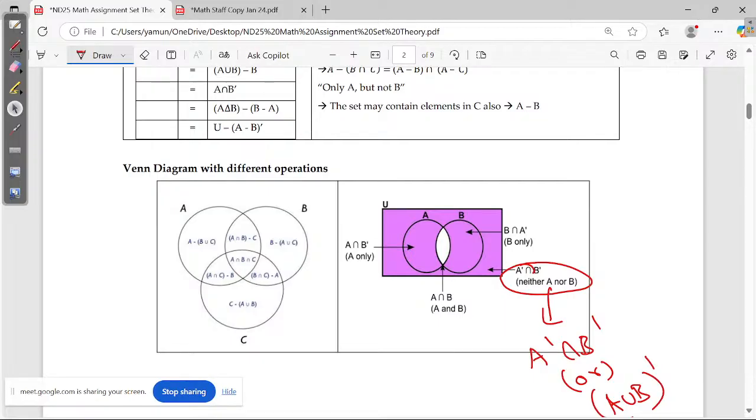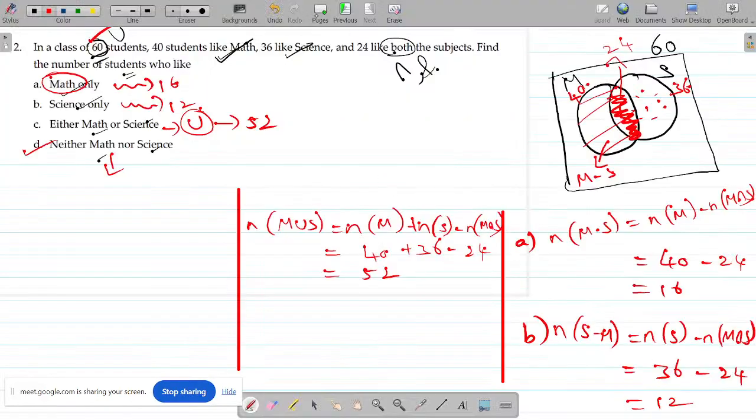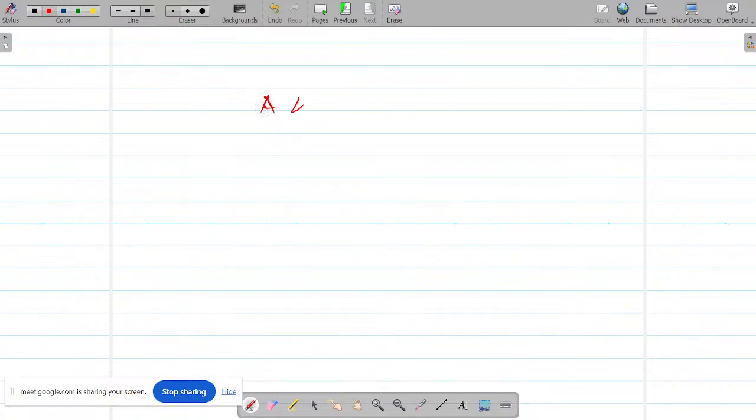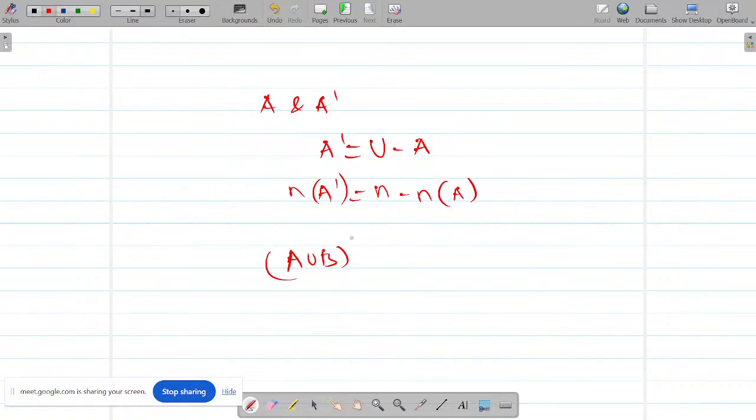Now, if I talk about A and A dash, shall I write A dash as universal set minus A? Yes. So n of A dash will be the whole universal set, the total n minus n of A. Am I right? Now I'm talking about A union B, the whole dash. So this is the whole universal set n minus n of A union B.